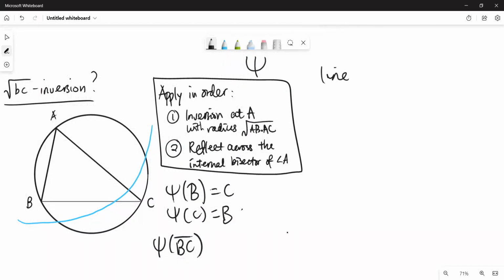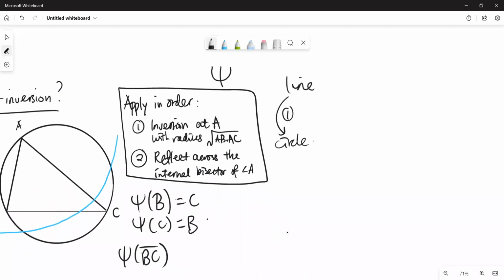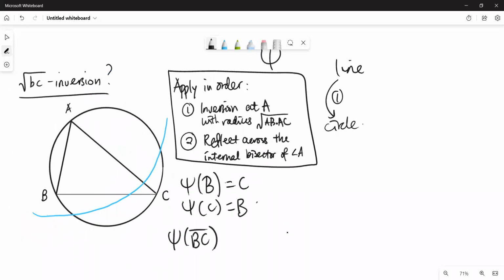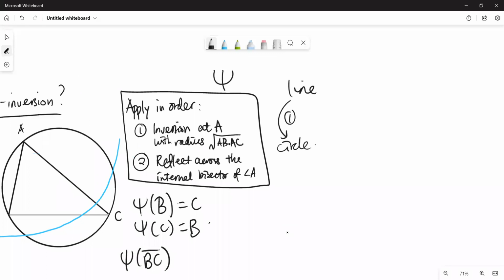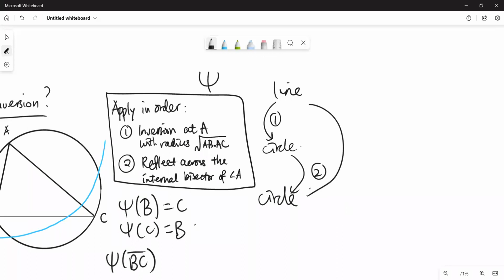A line, after this first transformation, the inversion, probably goes to a circle. Well, the only case where it becomes a line again is when it's passing through the center. But this line BC is not passing through A. So it becomes a circle. We don't care what the circle is. But then after you apply the reflection, it's still a circle. Therefore, after we apply this whole transformation phi, the line becomes a circle.